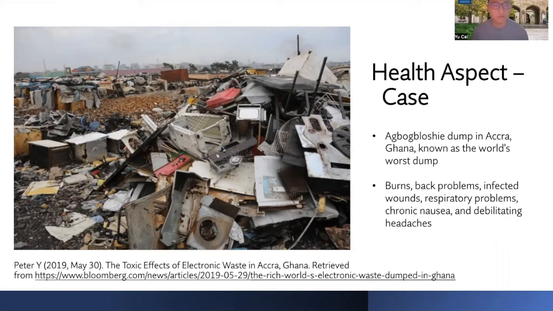People living and working here have many common illnesses like burns, back problems, infected wounds, respiratory problems, and so on. We cannot say that e-waste is the only reason for these illnesses. But based on the situation there and the previous slides, e-waste has very obviously negative effects on people's health.